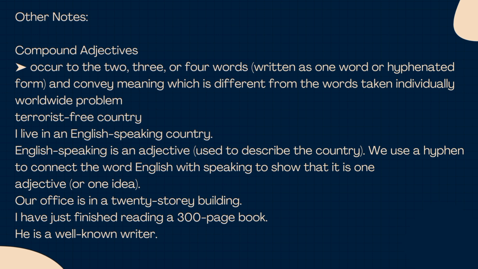Terrorist-free is written as one word. I live in an English-speaking country. English-speaking is an adjective used to describe the country. We use a hyphen to connect the word English with speaking to show that it is one adjective.